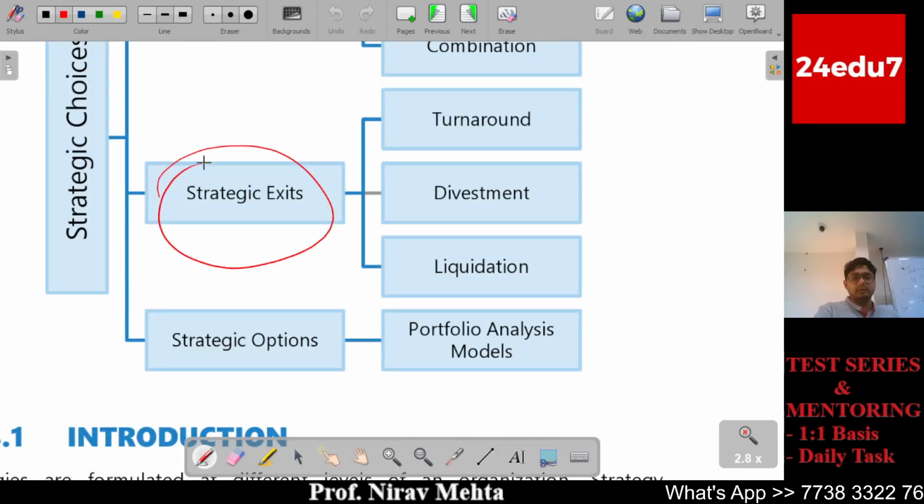Strategic exit, liquidation, and they had not mentioned anything about liquidation, only 2 lines. So what we had done: old syllabus, ICAI module, old meaning 1 attempt prior. In that there is a separate liquidation paragraph. From that I have taken some very important keywords and given them to you. Correct.